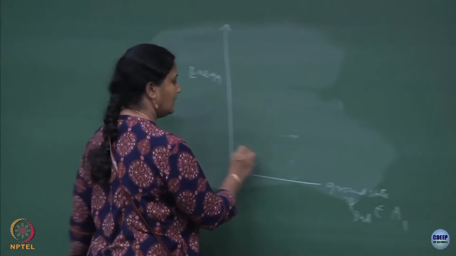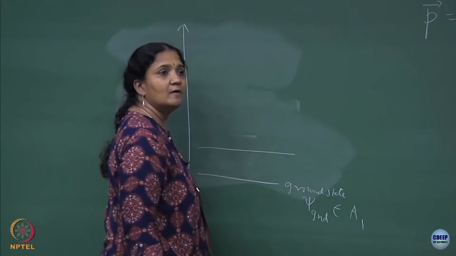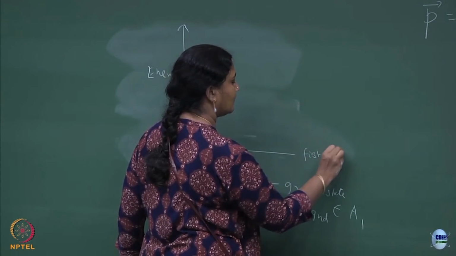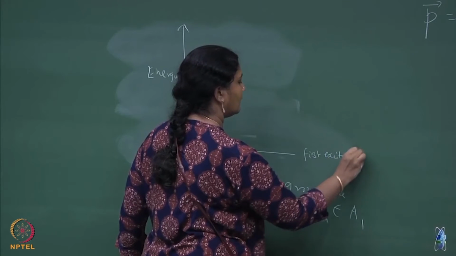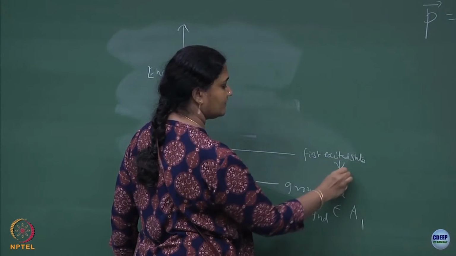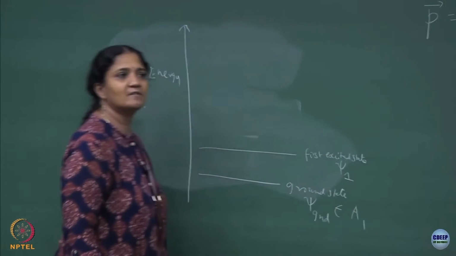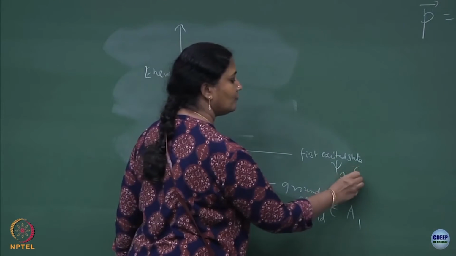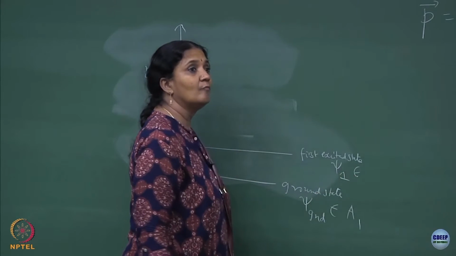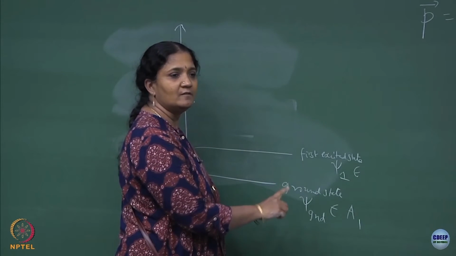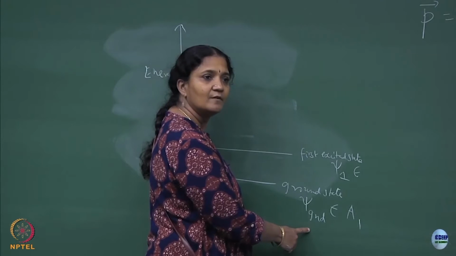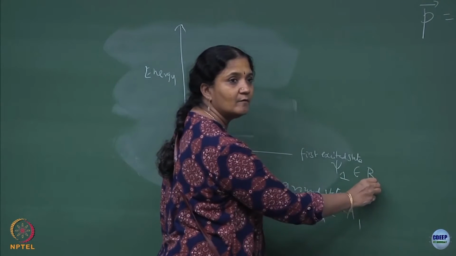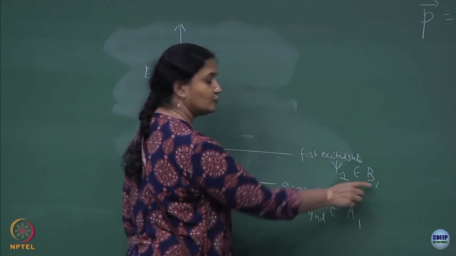Then you can have a first excited state, let me call it psi 1 to remember it is the first excited state. It is an odd function, while the ground state is an even function, right. So, this will belong to the irrep B1.